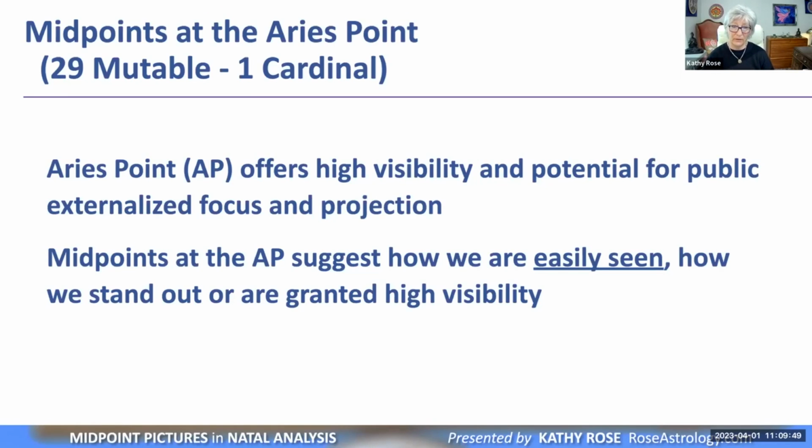Midpoints at the Aries point, abbreviated AP, suggest how we want to be seen or how we are easily seen, how we stand out. There is that signature energy that is noticeable about us. For instance, I'll share with you mine. I have, and this is how you would write it, AP equals Jupiter Uranus. So my Jupiter Uranus midpoint is 0 cardinal.